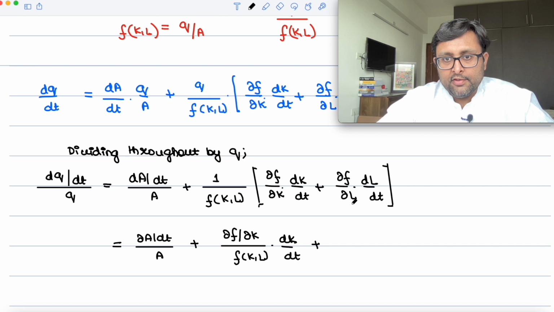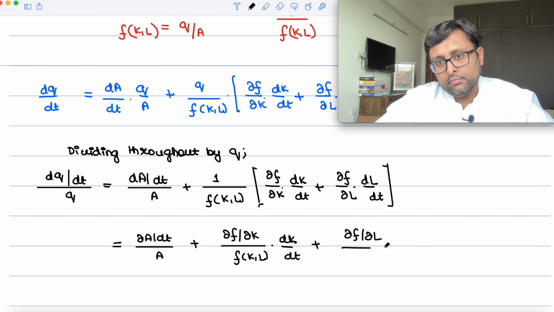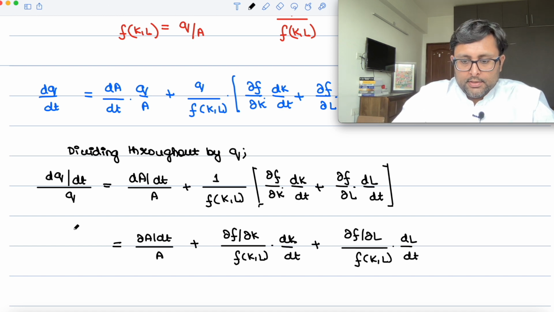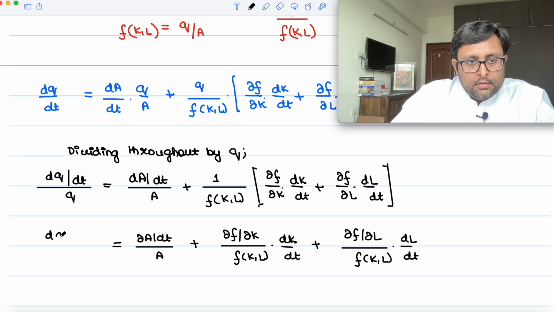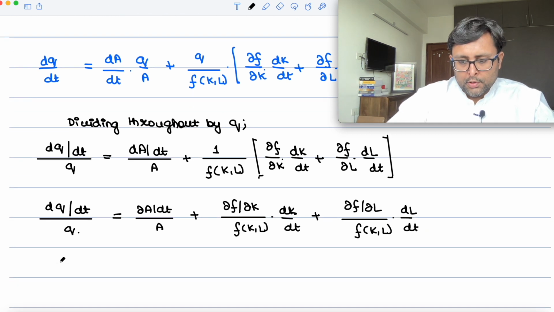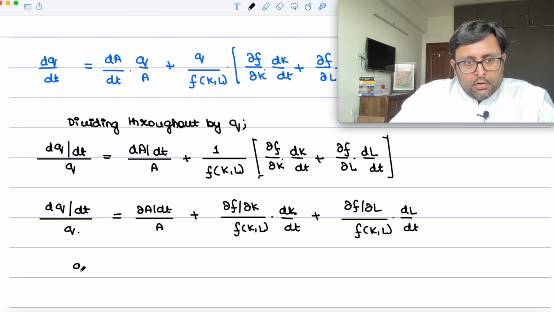Again, I can write this del f by del l in the numerator upon f of kl into dl by dt. This is what? dq by dt upon q.